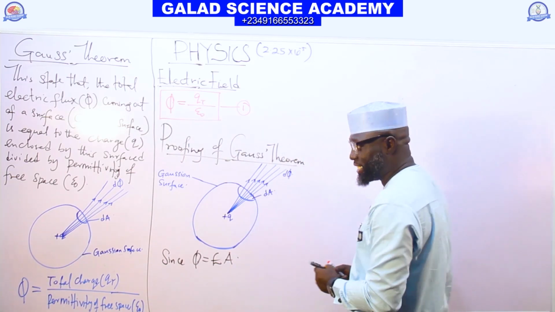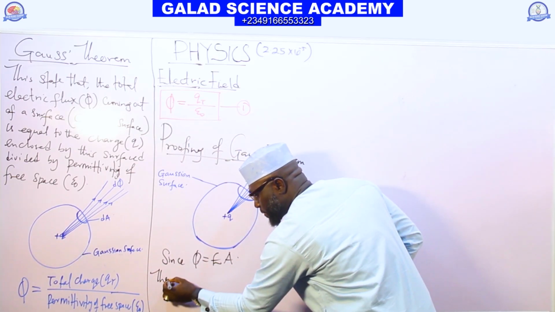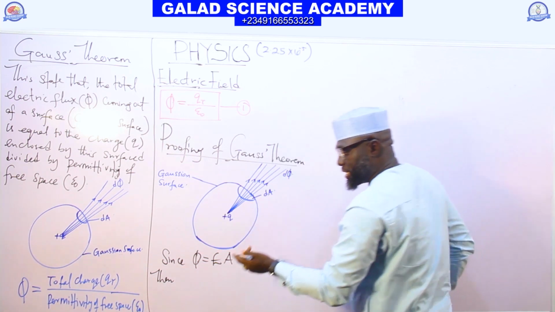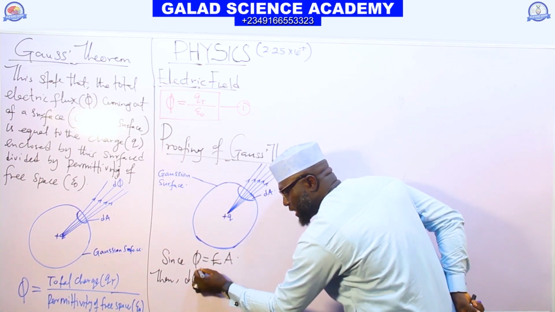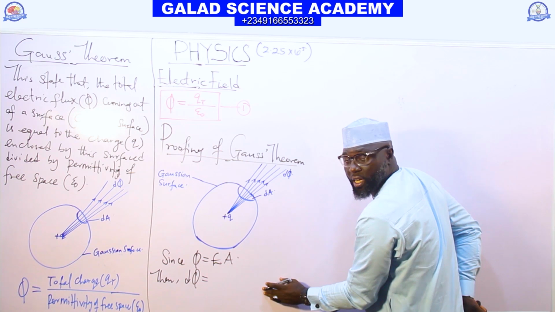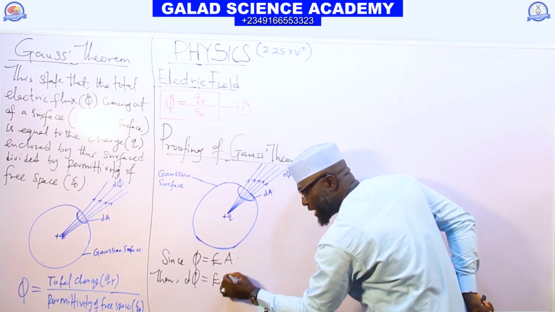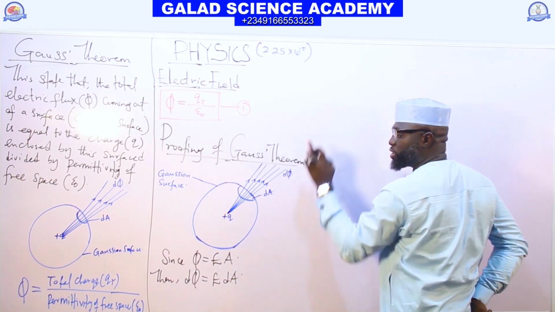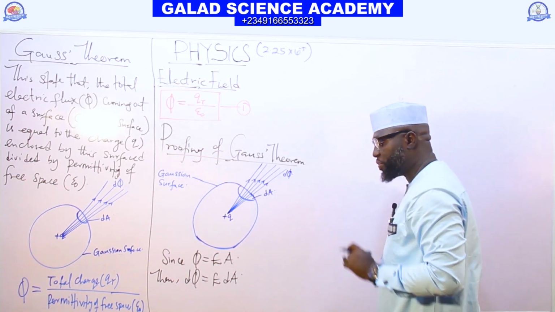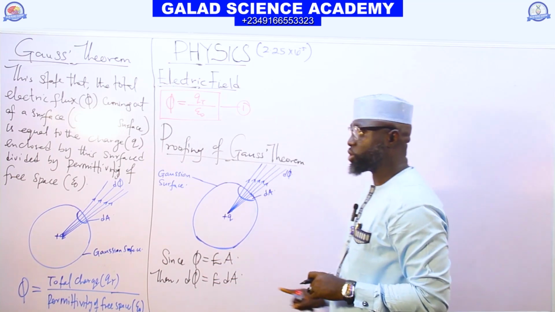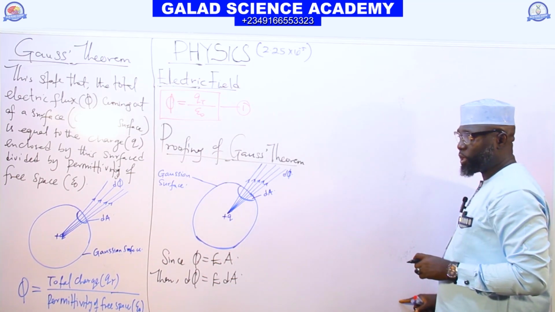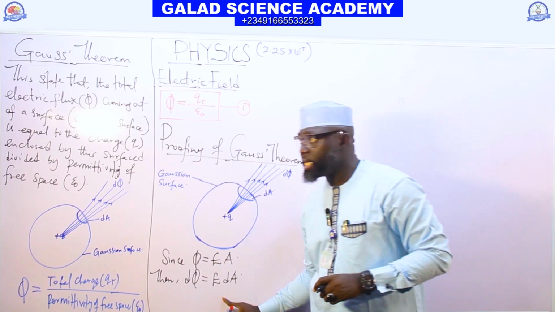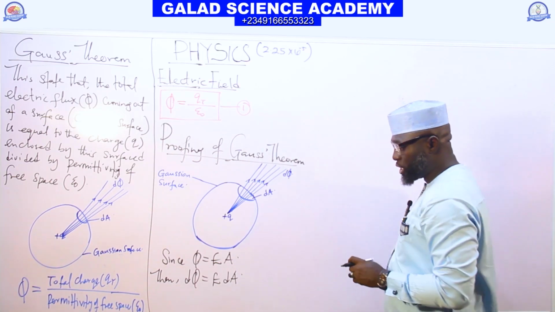You can now call it the flux, the area where field intensity is constant.